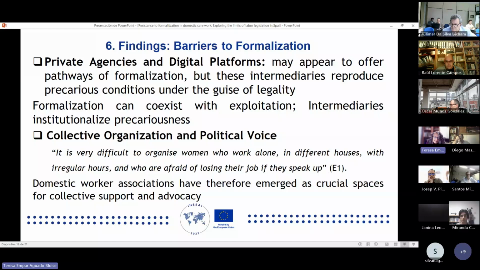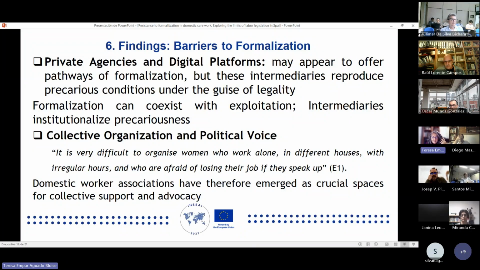Live-in employment represents the most extreme form of vulnerability. Workers describe being effectively available all day, every day. One participant stated, being a live-in worker is like being in prison.